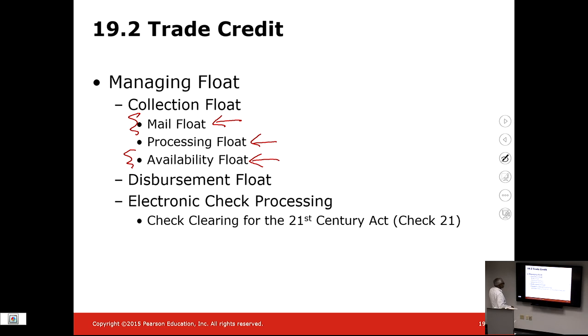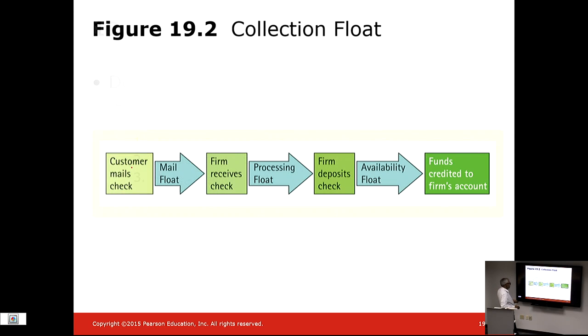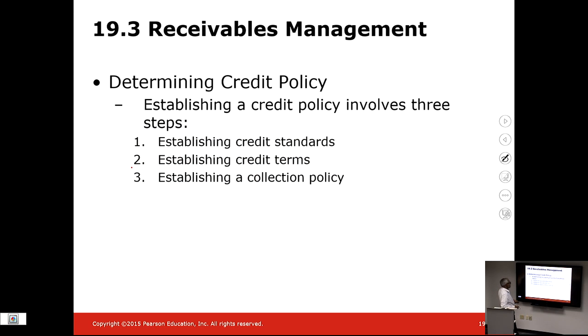So the float you may think about as trivial, but that lag between the time the check is actually cut and the funds are available, if you think about that lag being repeated many, many times over large sums of money, then that can also result in a challenge and a problem for the firm if it does not have those funds quickly available. So it is in their interest to set up policies and set up methods by which those things are expedited.